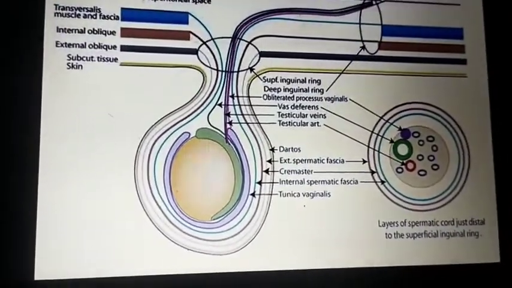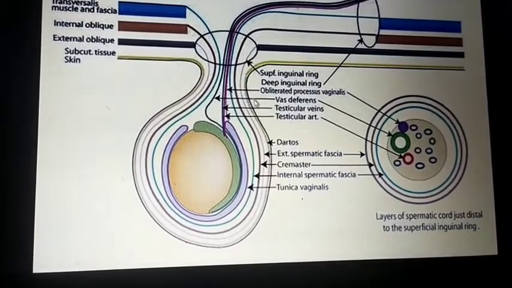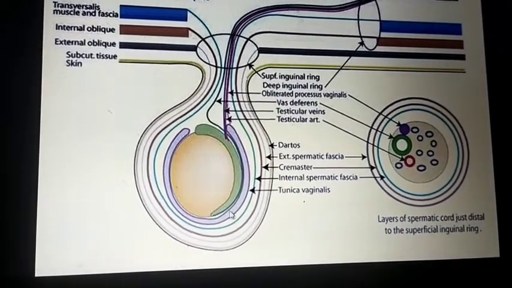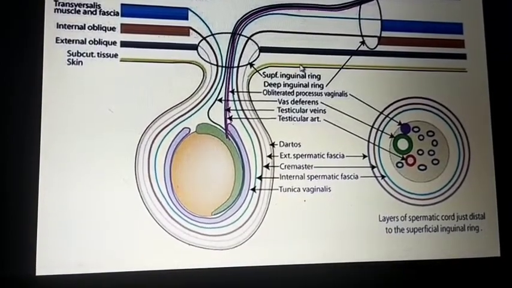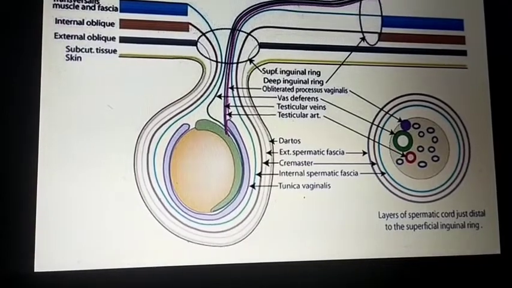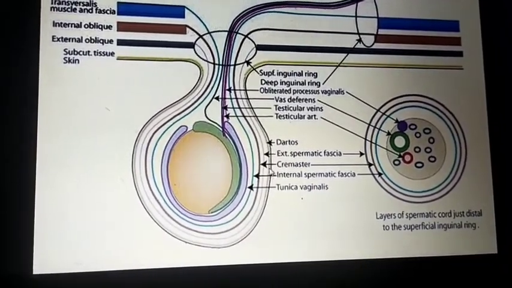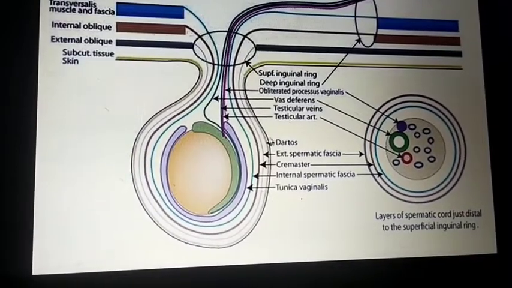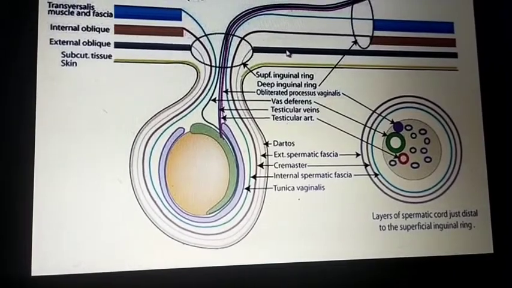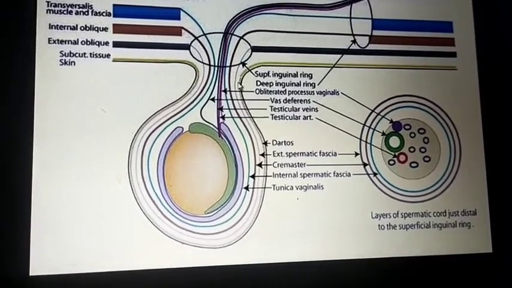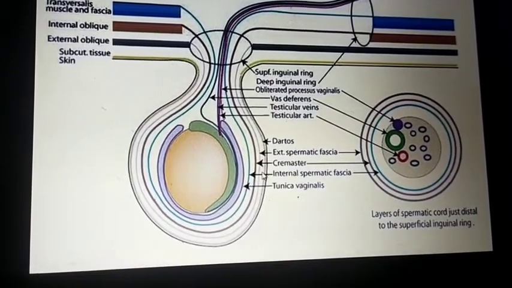You can see here this is the skin. Then subcutaneous tissue or fascia of Camper and Scarpa forms the dartos muscle and its fascia. Then this is the external oblique muscle, and the external oblique aponeurosis forms the external spermatic fascia.